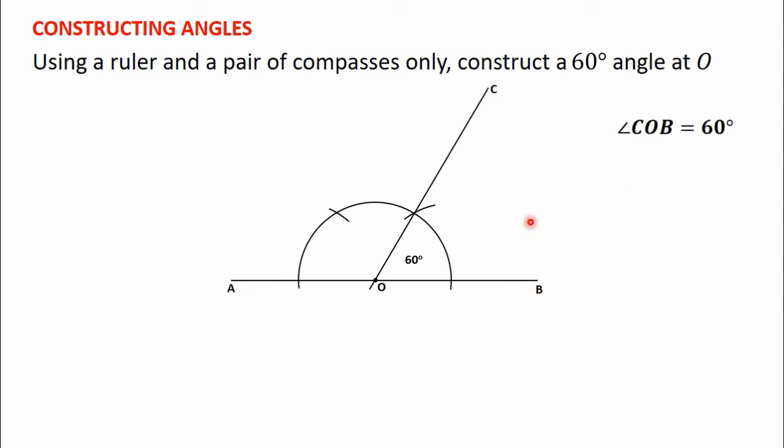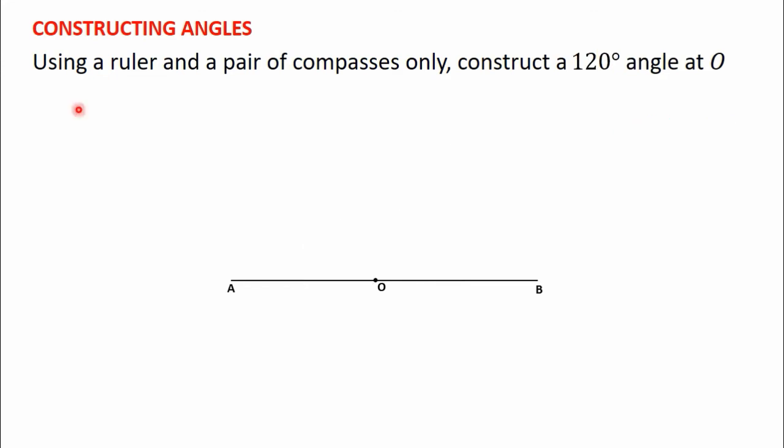Let's move on to the 120 degrees angle. Using a ruler and a pair of compasses only, construct a 120 degrees angle at O. We have the line AB here, and this is point O. We are going to construct a 120 degrees angle at point O. As we have seen in the previous slide, when we draw a semicircle, the total angle formed by that semicircle is 180 degrees.